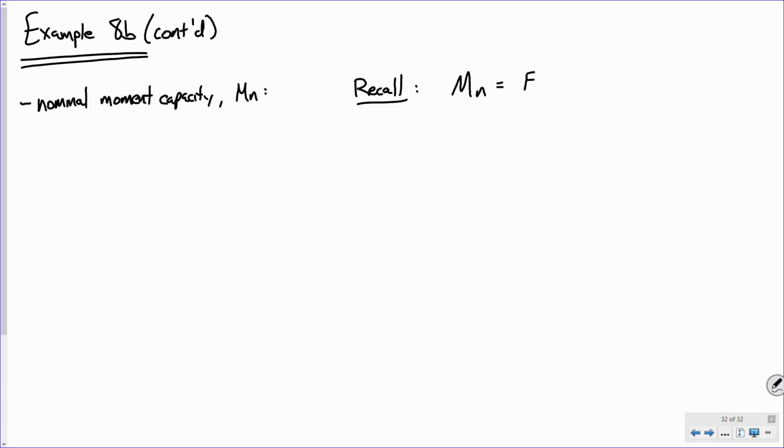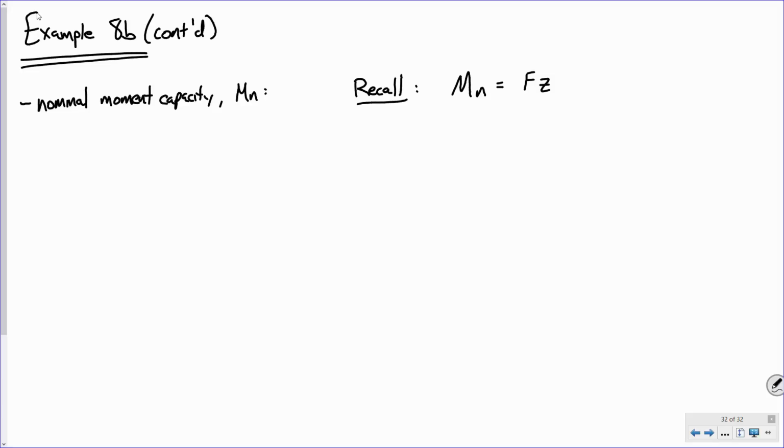Some force times some moment arm, right? We're going to use that very philosophy. But let's recall what we did before. Before we had a rectangular beam, right? We said our force was A_s f_y and our moment arm was d minus a over 2. So we were summing moments about the center of the stress block, right?